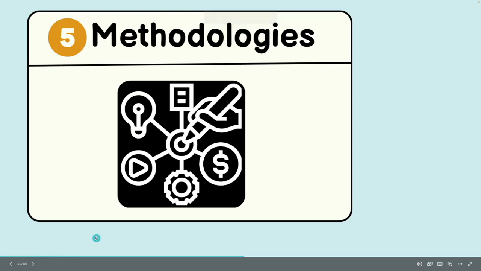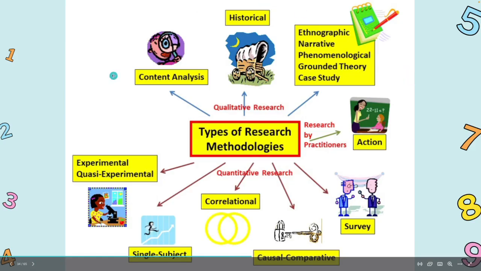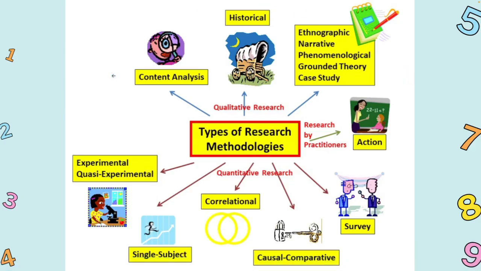So now that we have an understanding of the two main types of research design, quantitative or qualitative, let's take a look at some of the methodologies of quantitative and qualitative type research. A map here of how these are grouped. So the qualitative type research includes the content analysis, historical type research, and as we mentioned, the ethnographic, narrative, case studies.